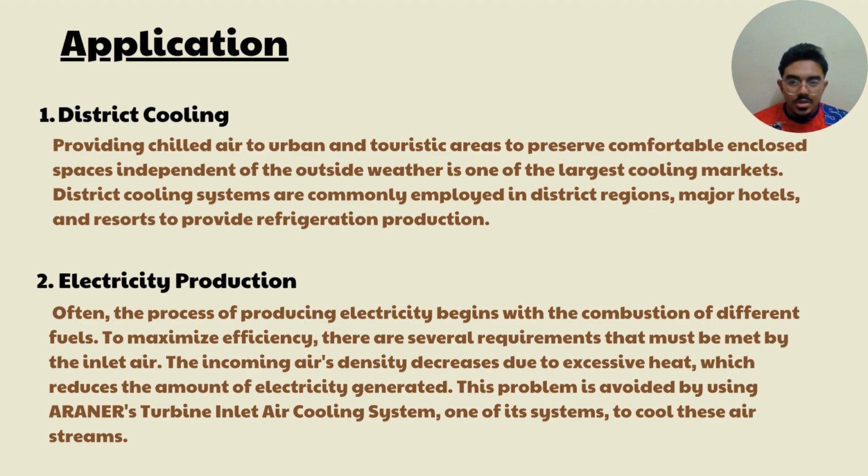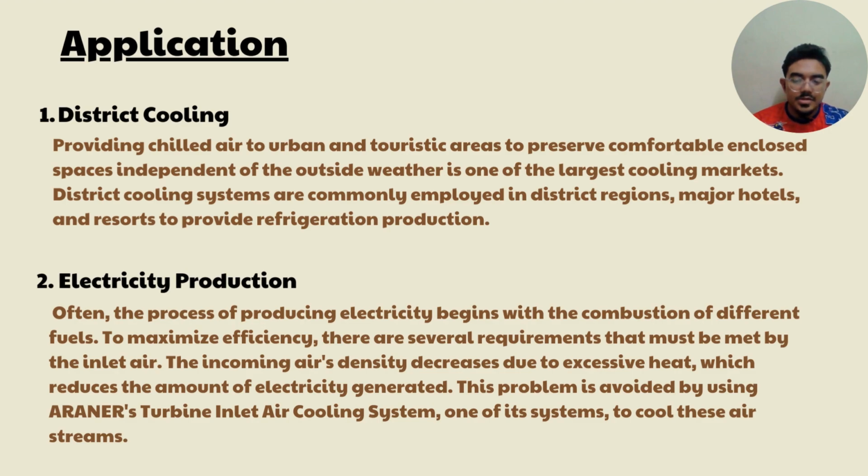Okay, number two is electricity production. Often, the process of producing electricity begins with the combustion of different fuels. To maximize efficiency, there are several requirements that must be met by the inlet air. The incoming air density decreased due to the excessive heat, which reduced the amount of electricity generated. This problem is avoided by using a turbine inlet air cooling system, one of its systems to cool this air stream.